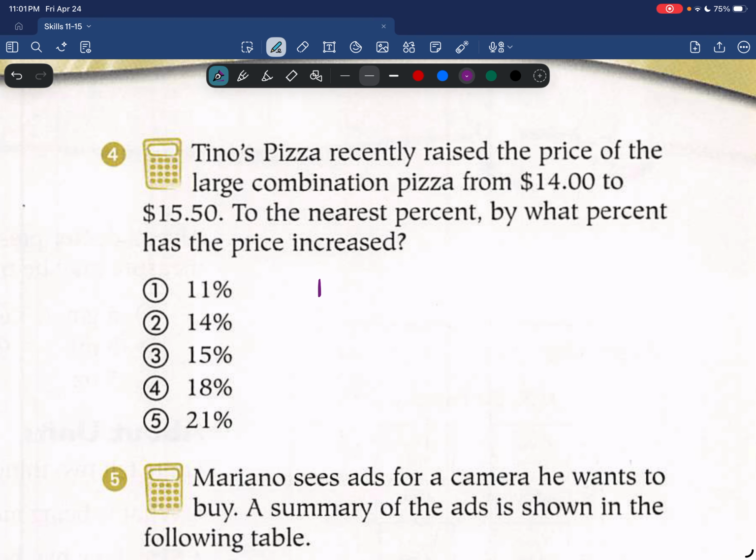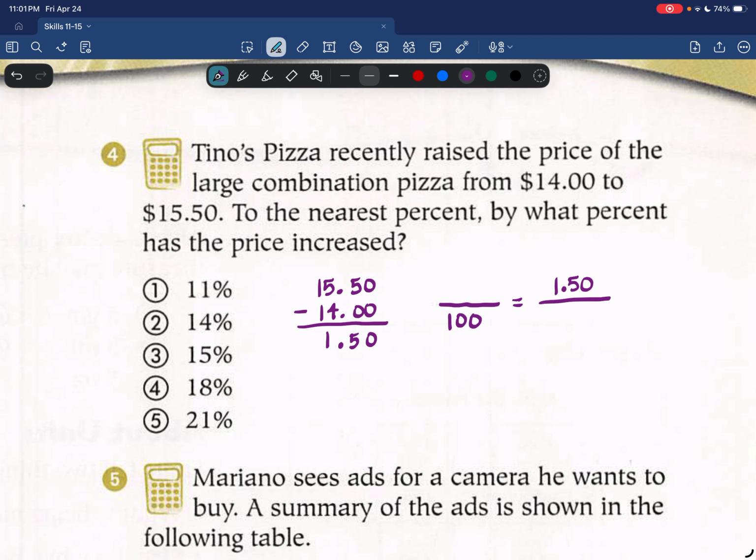Well, the first thing I want to do is find the difference in terms of money. And that's going to be, you can use your calculator if you want to, $1.50 increase. And so we know that there's a seat reserved for that right there. The 100 is always down here.